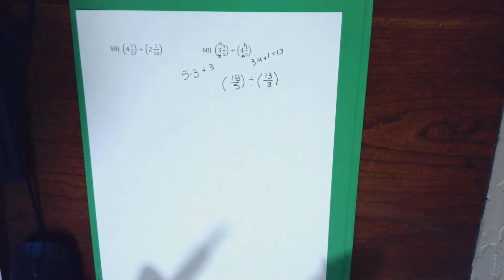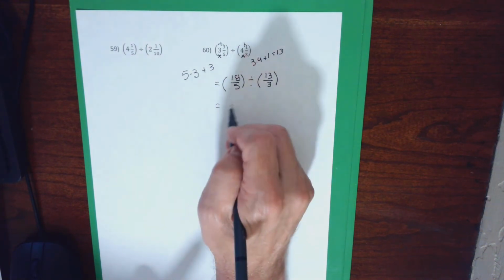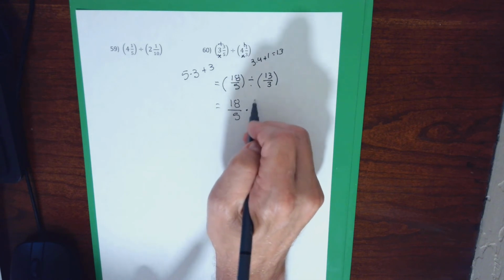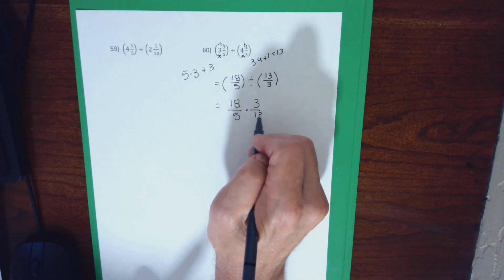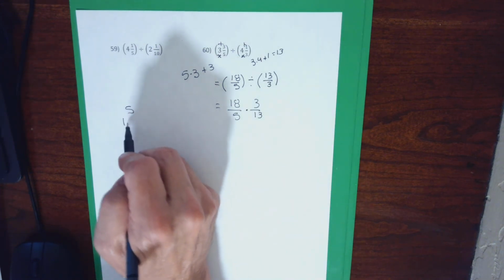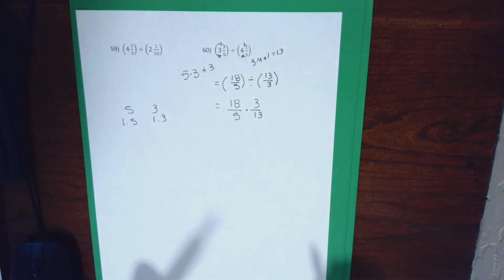Now I'm going to change it to a multiply, and I don't need the parentheses if I make a times sign. So I'm going to say this is 18 over 5 times 3 over 13. If I look at 5 and 3, 5 is 1 times 5, 3 is 1 times 3. Those don't cancel.